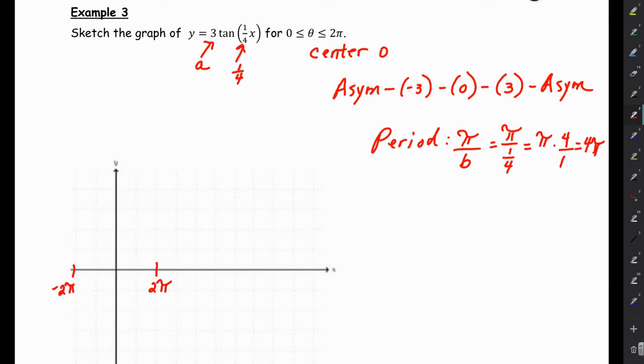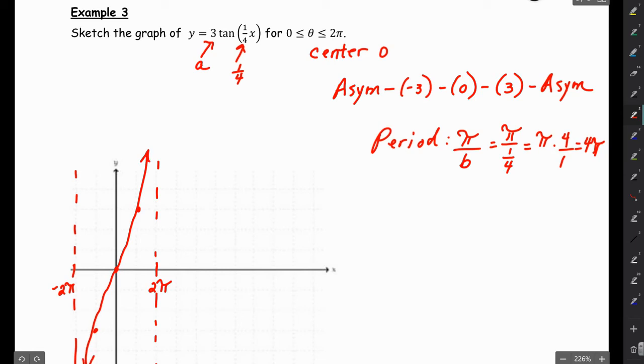We go to -3, 0, and 3. And we only need to draw the graph between 0 and 2 pi, so we don't need to draw anything further. I'm going to sketch in just this one cycle of the graph, and then I'll highlight the part of the graph that is between 0 and 2 pi. And so we're done.